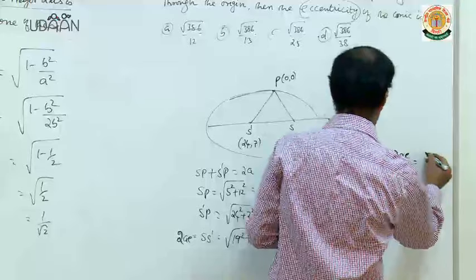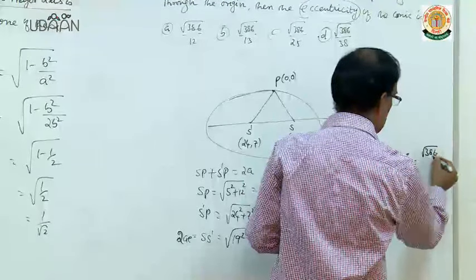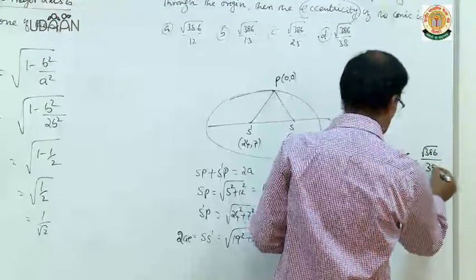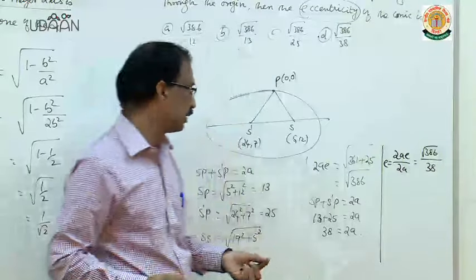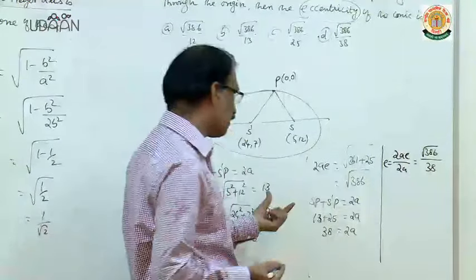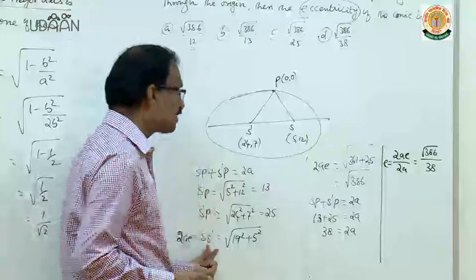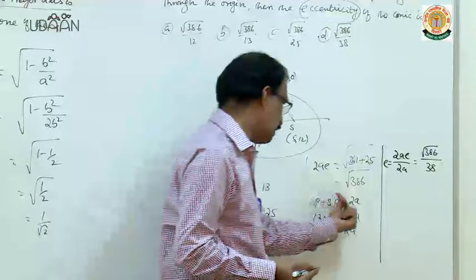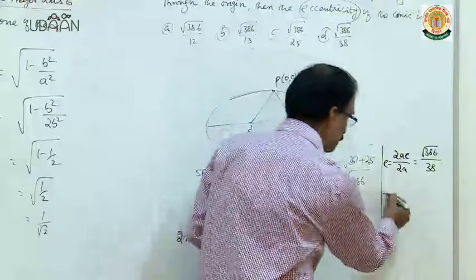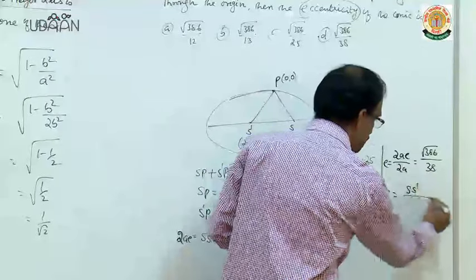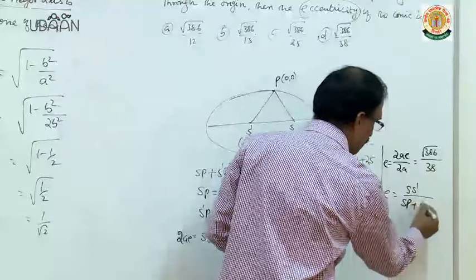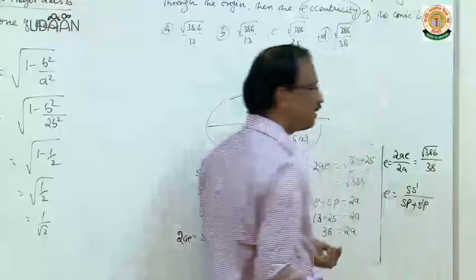So that is root of 386 by 38, that is your E. That is what we have here: SS' upon SP plus S'P is your E.